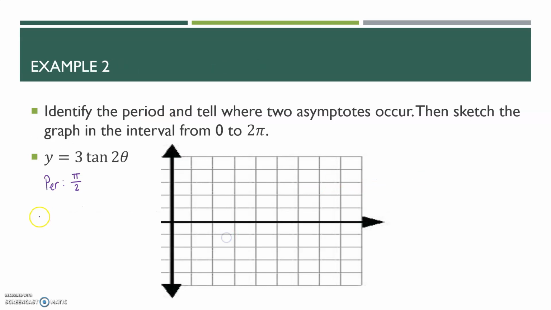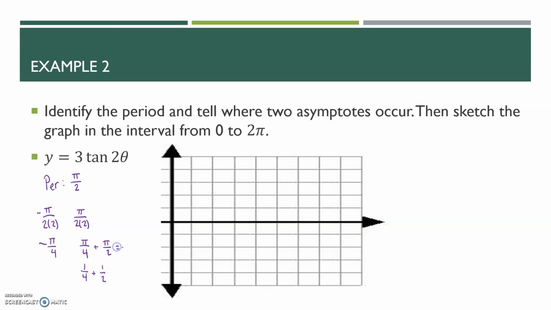We're going to do negative pi over 2 times 2 and positive pi over 2 times 2. Well, this would give me negative pi over 4. This would give me pi over 4. If I were to keep adding pi over 2, think about it this way: I'm adding pi over 2, and really all I'm doing is doing 1/4 plus 1/2.